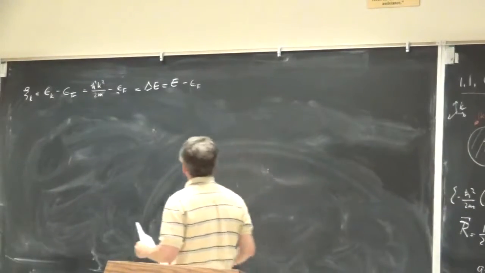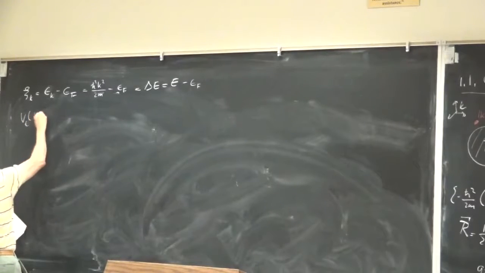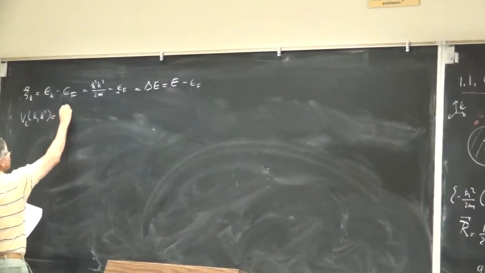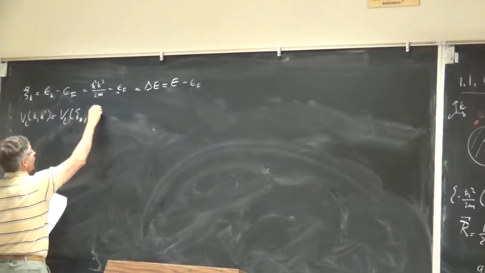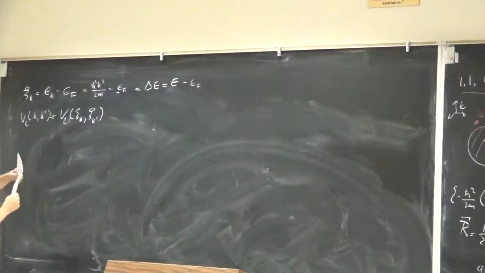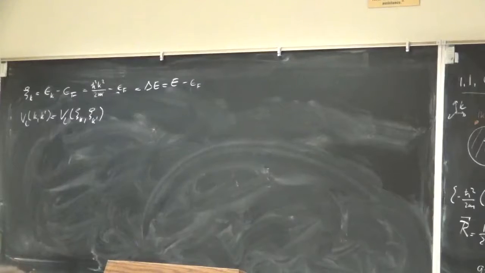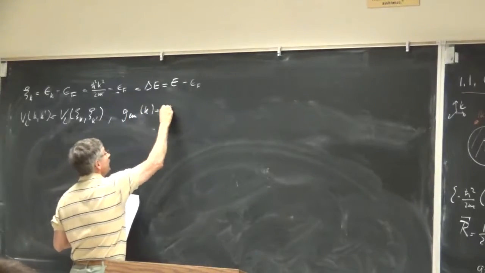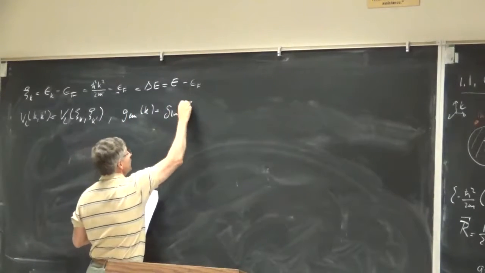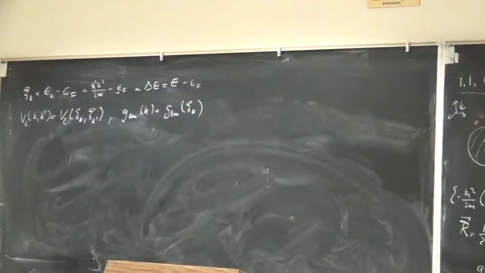And for V_L of k, k prime, now I write V_L of xi, xi prime. Since this here is only depending on the modulus of k, then I can do that. So that's just for convenience, and also since G_Lm is only depending on k, I will also just say this is G_L of xi of k.